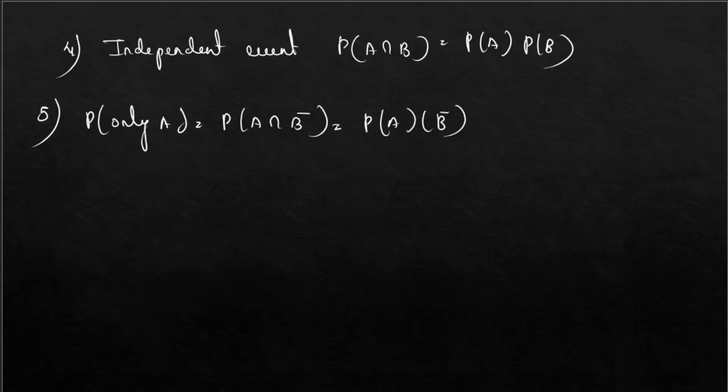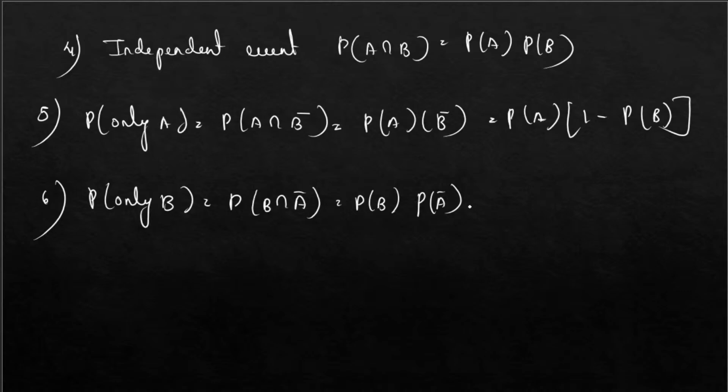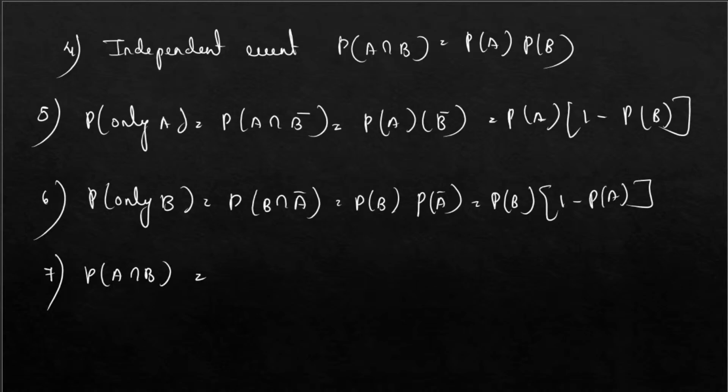Okay, which we can also write as probability of A times 1 minus probability of B. Sixth is P only B, probability of B intersection A complement. Okay.